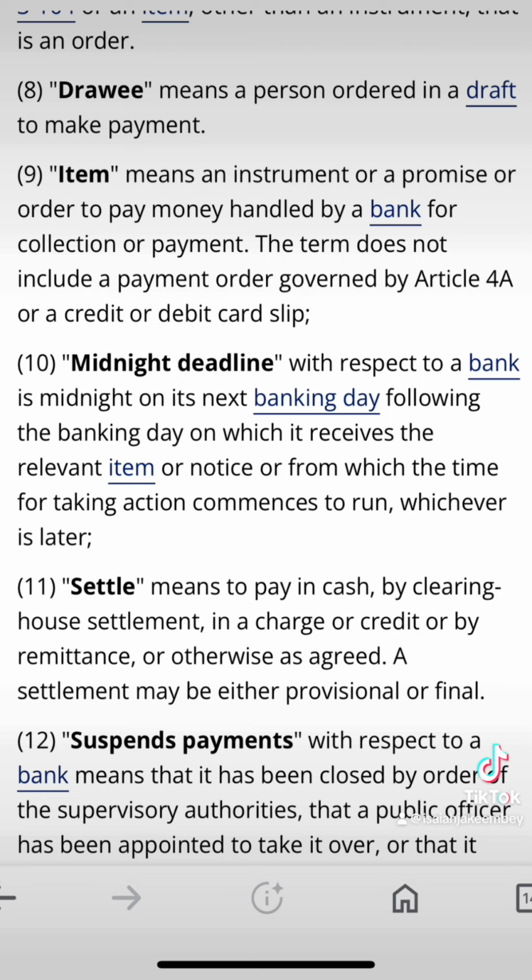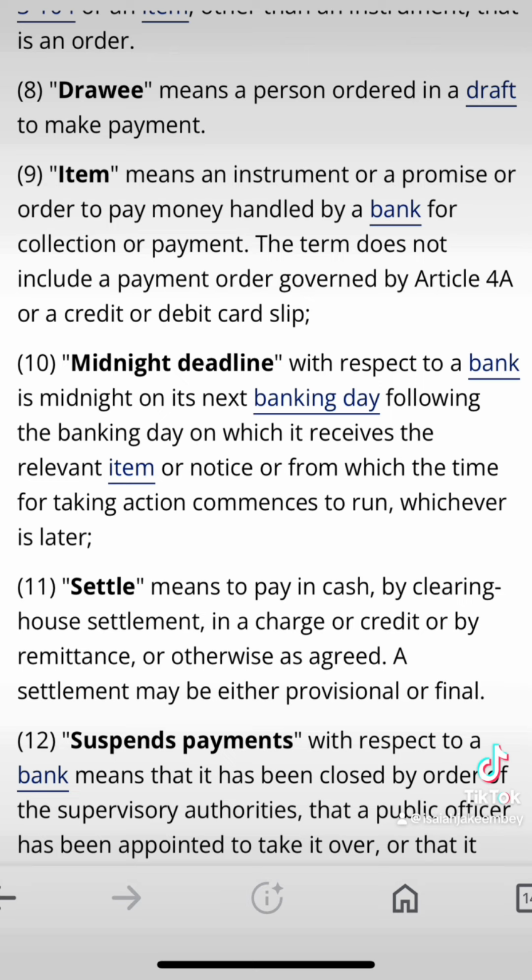An item means an instrument or a promise or an order to pay money handled by a bank for collection or payment. The term does not include a payment order governed by Article 4 or a credit or debit card slip. So an item would only be a promise or an order.